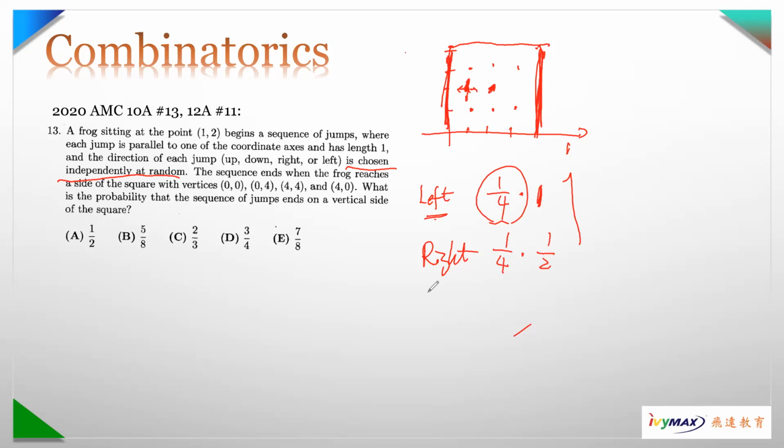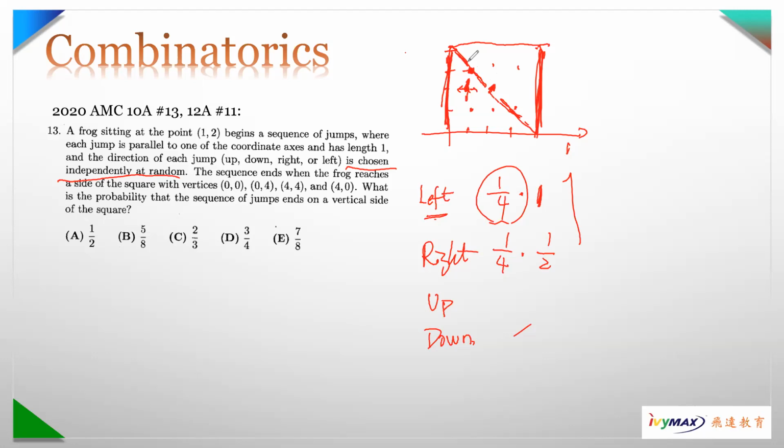So for the other case, if you go up or down, think about this location. You can find this is kind of special because it's located on the diagonal, right? The point on the diagonal is also symmetric. So to the left or to the up, or to the right or to the bottom, it should have the same chance, right?